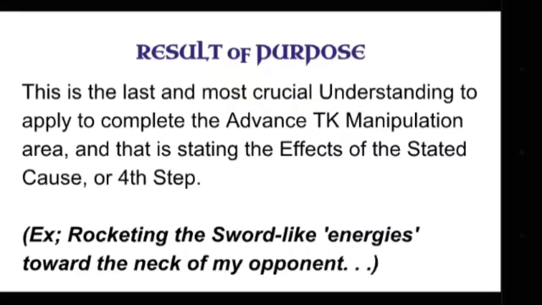An example, rocking in the sword-like energies toward the neck of the opponent. Just like in basic manipulation, how you had to state the purpose of why you're manipulating these things, for advanced TK manipulation it's the same thing, but it's called the result of power. The result of the purpose, the result of everything that you're doing.